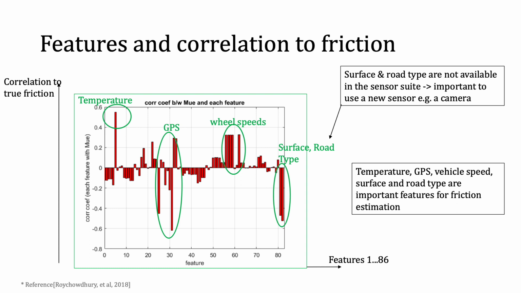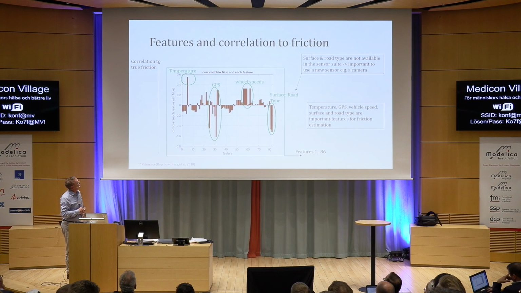What you see here are what they call features, that is up to 86 different signals that were logged in the vehicle, for example GPS, temperature, wheel speeds, and so on. And what we have here is the correlation to friction for all these 100,000 kilometers of data. From that study, it was obvious that the temperature had a large correlation to friction, as did GPS and wheel speeds, and also this metadata that was manually annotated in the vehicle.